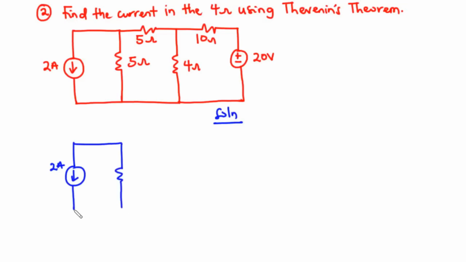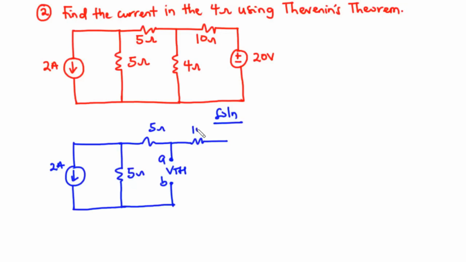The first thing we need to do is to remove the 4 ohm resistor, that is the resistor through which we want to find the current flowing, marking the terminals and finding VTH. After drawing this circuit, let us consider this particular loop now.